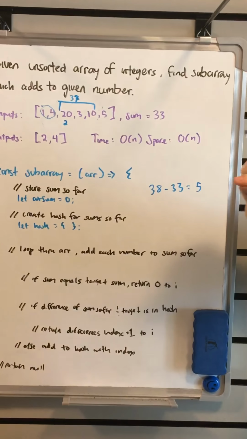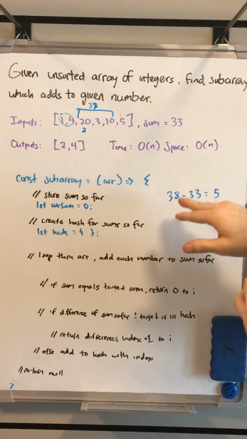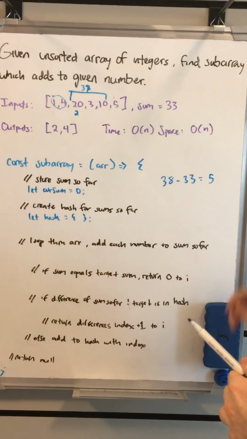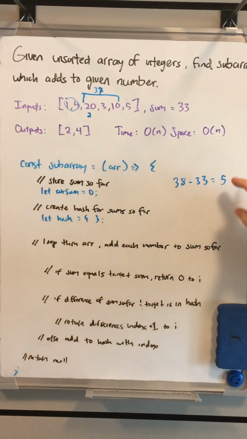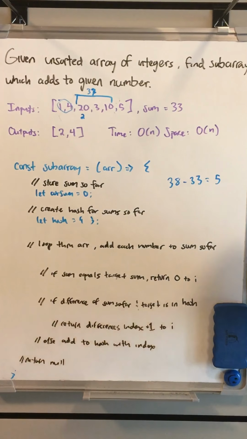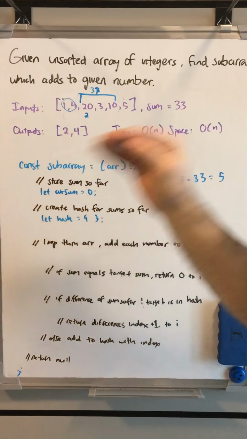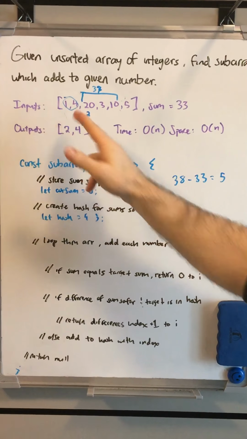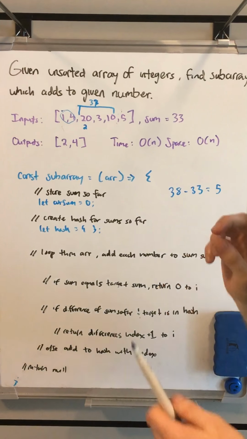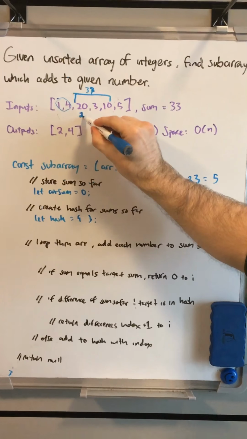That's what I mean by if we take the difference of the current sum and the target, we check to see if that sum that we've added to our hash exists. If it does, then we just take that index, which would be the 1th, and add 1 to it, which would give us the second index.